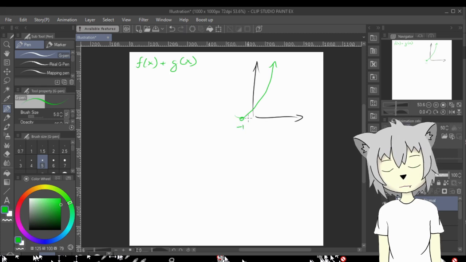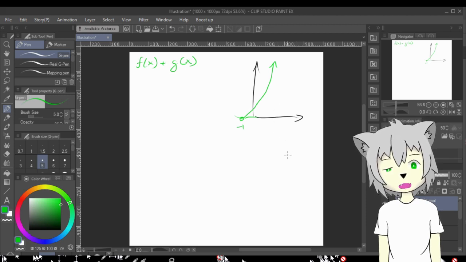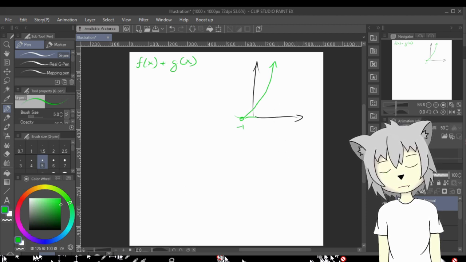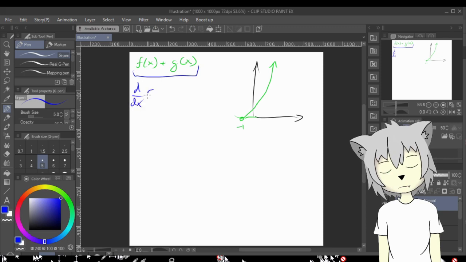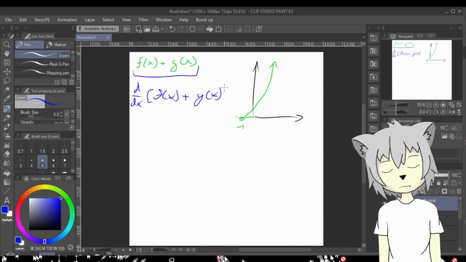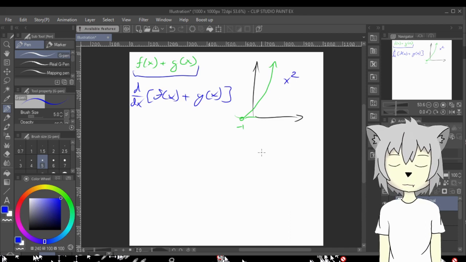The derivative of this combined function is not necessarily x squared, even though it's shifted by 1.